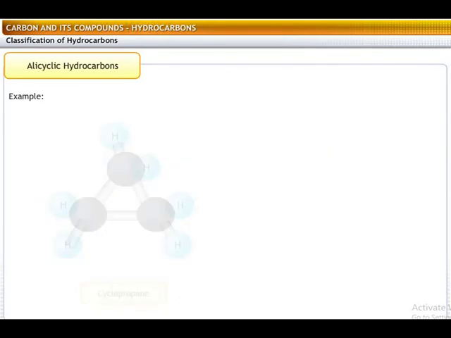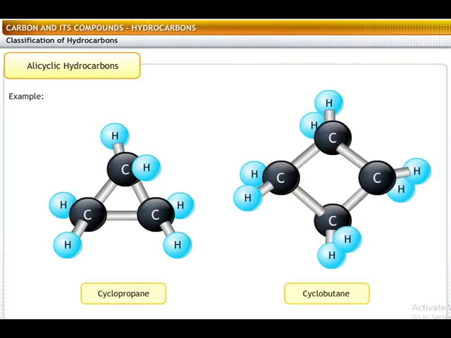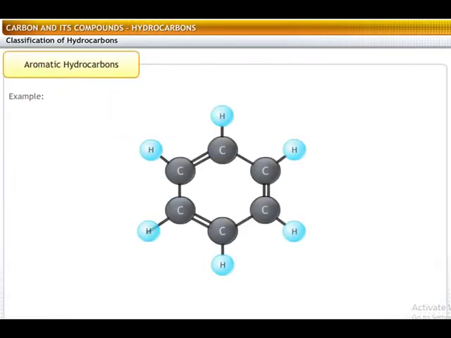For example, cyclopropane, cyclobutane, etc. The cyclic compounds which contain a single and a double bond at alternate positions and exhibit special properties are known as aromatic compounds. For example, benzene.